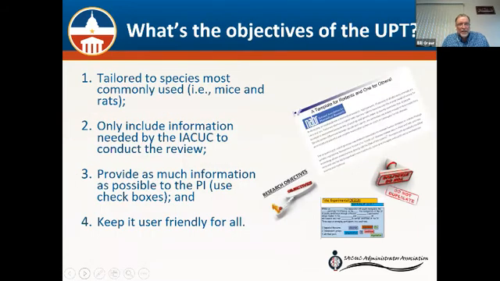So to give you an idea, what we did was we tailored it to the species that are most commonly used. In other words, mice and rats. That doesn't mean that it only works for mice and rats. According to Neighbor, about 95% of the protocols that are out there and the research that's going on involves rodents, i.e. mus and rattus.